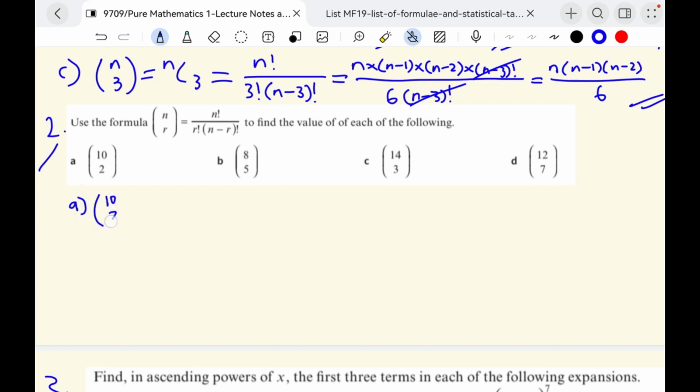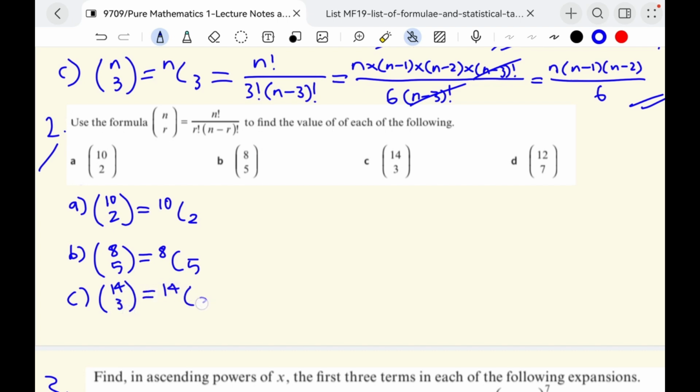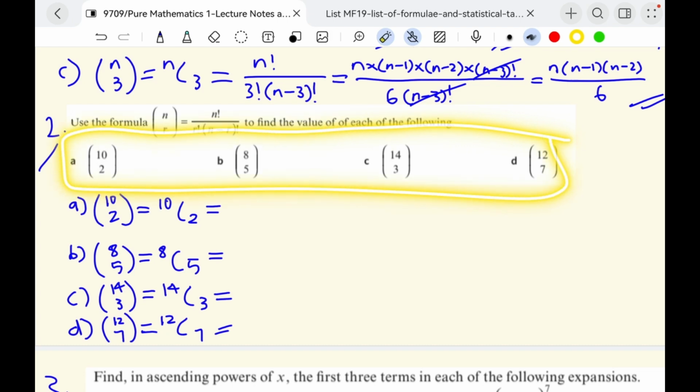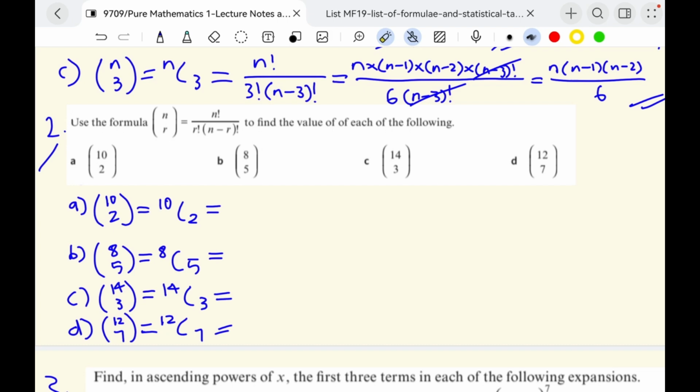A, 10C2. B, 8C5. C, 14C3. D, 12C7. So you should understand how to use the binomial expansion, which contains the nCr term, because you will apply this in our next video, which is the Further Maths topic, Chapter 1, Roots of Polynomials.